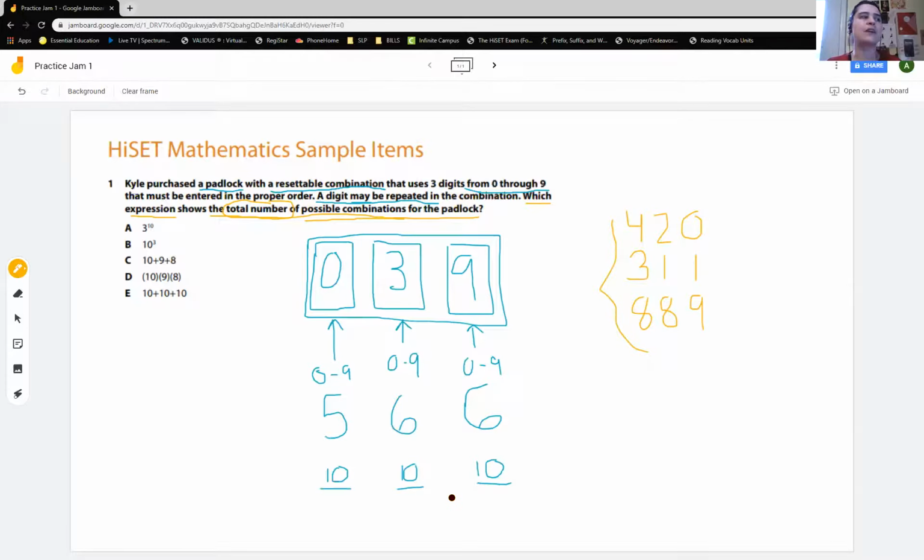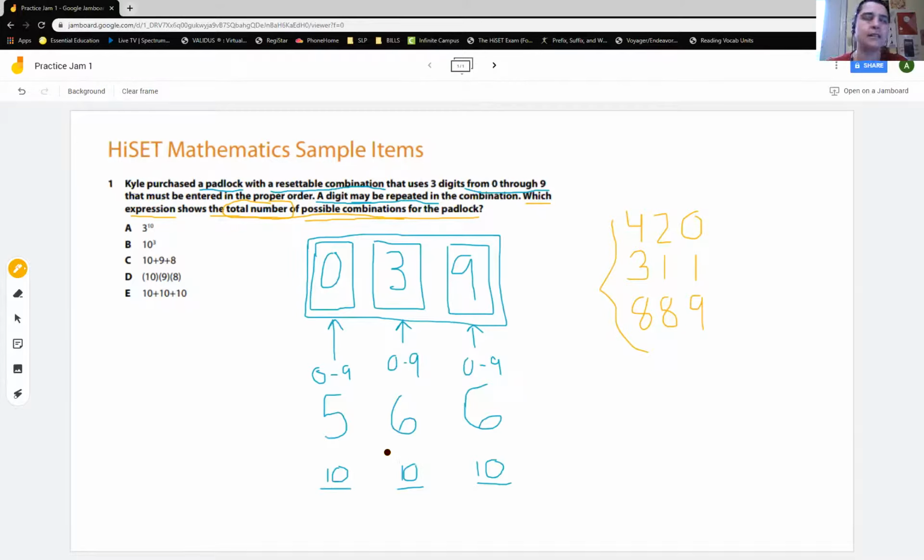So to answer this question, we really need a systematic and methodical approach. And one concept that you would learn if you were studying through some math teaching curriculum for the HiSET exam is this idea of combinations and determining the total possible number of combinations based on events. So if you think about this, there are really 3 events that take place.